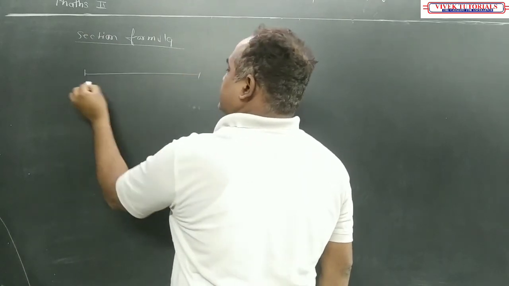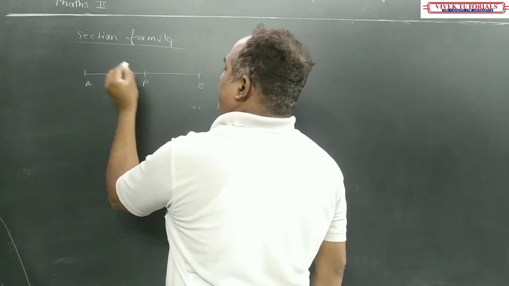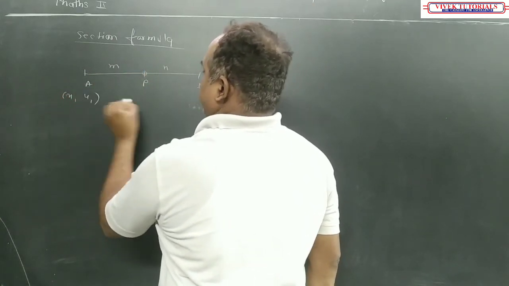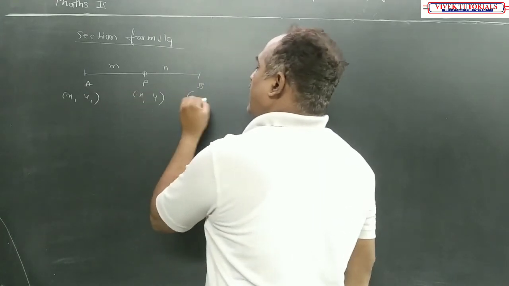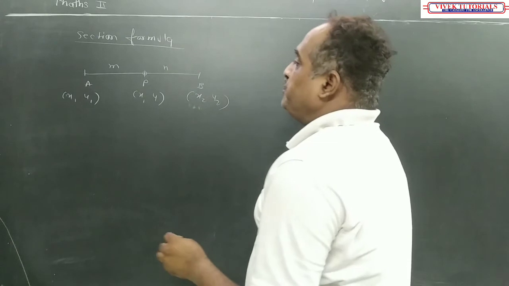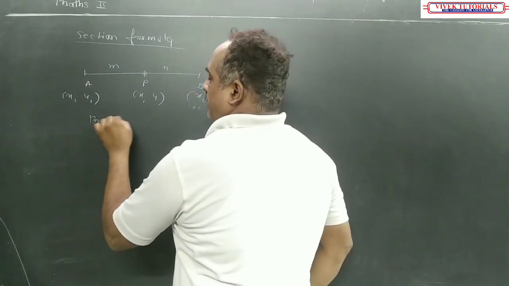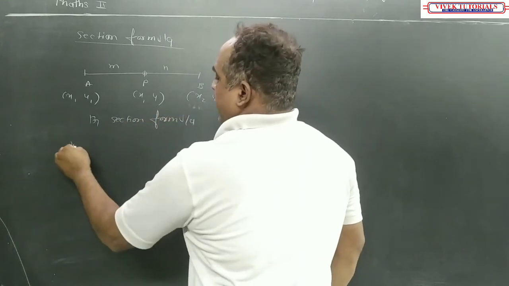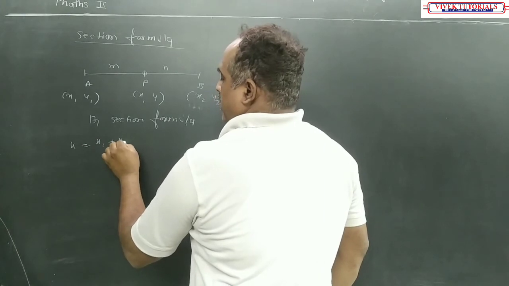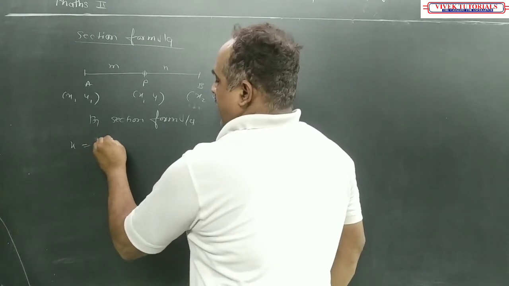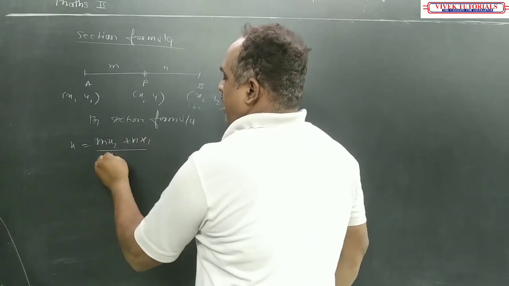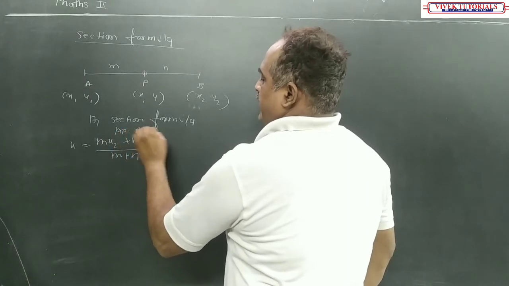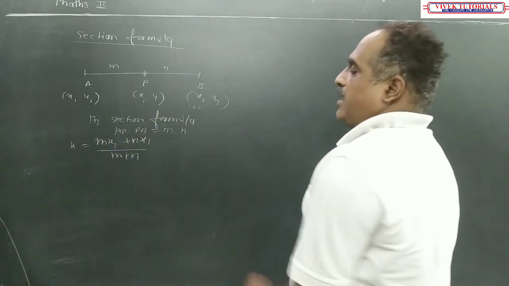If segment AB is divided by point P in the ratio M is to N, we take the coordinates x1 y1 for A, x y for P, and x2 y2 for B. Then by the section formula, x is equal to (m x2 plus n x1) upon m plus n, and AP is to PB must be equal to M is to N. Then only you can apply this formula.